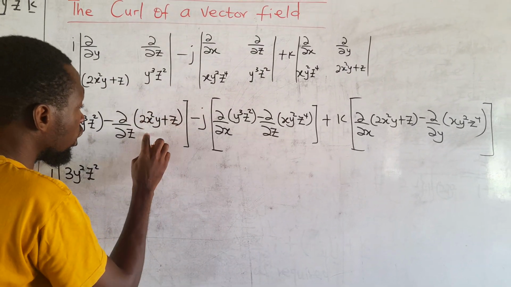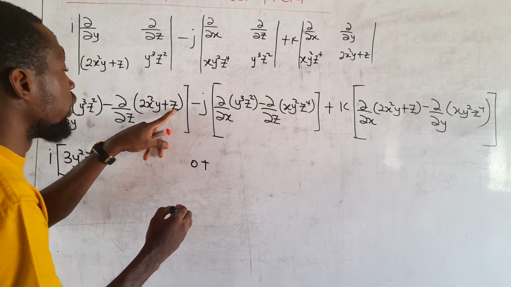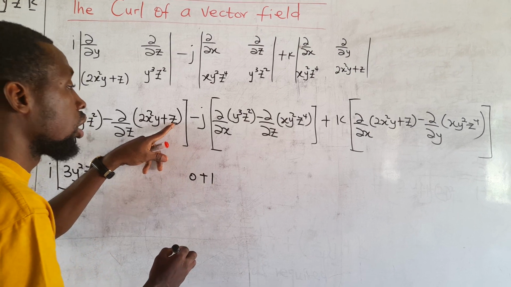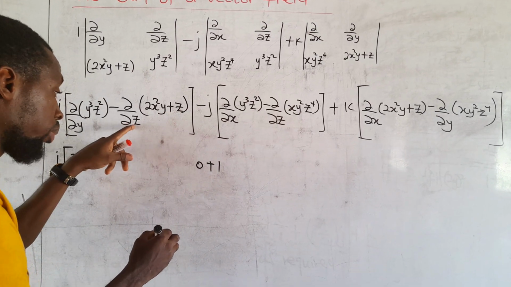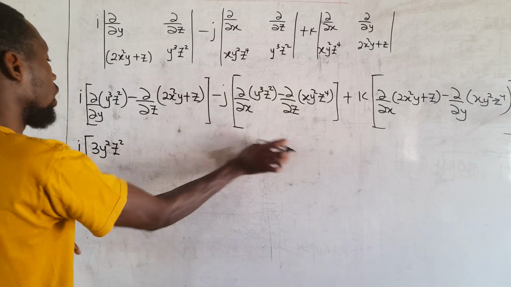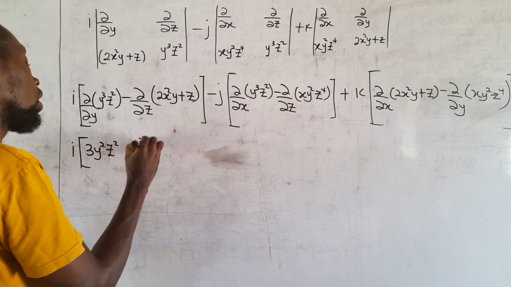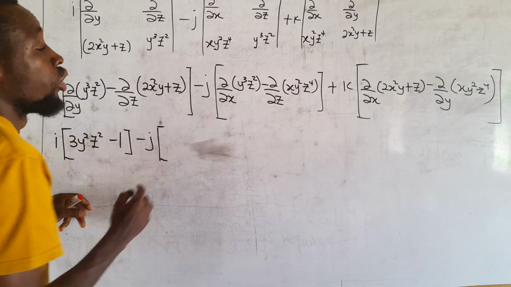So all of this is 0. So we have 0 plus the differential of z, which is 1. The differential of this function with respect to z will be 1. 0 plus 1 is 1, so we can say minus 1. That's for the i direction. Then minus j, what do we have?